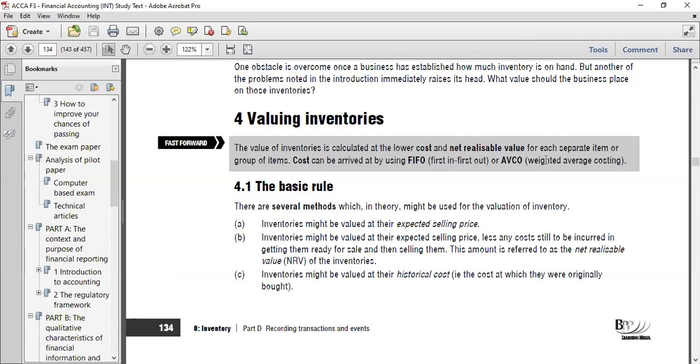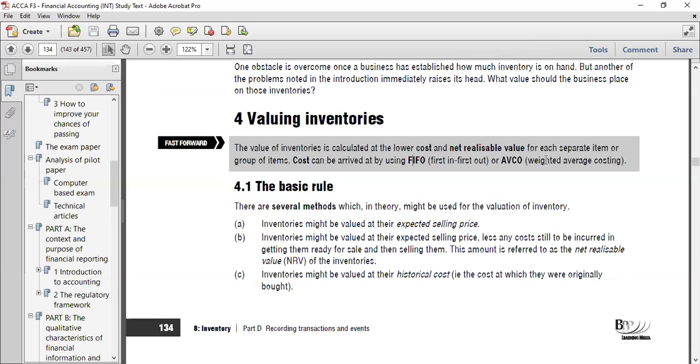Now we also want to understand, especially when it comes to valuation of inventory cost, like we've seen in our places or even for other businesses, inventory sometimes can be valued at the selling price.